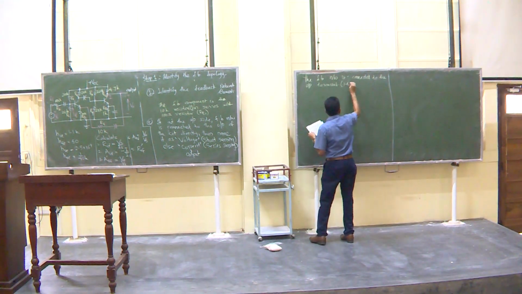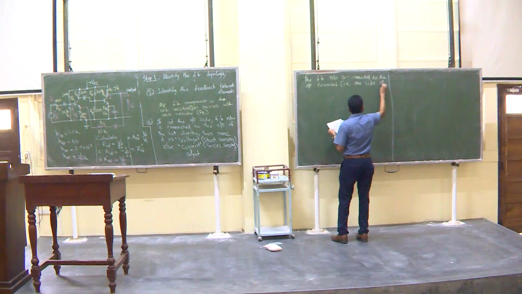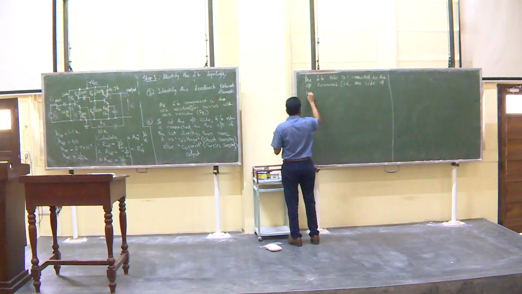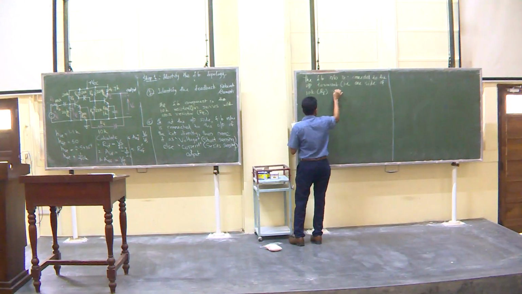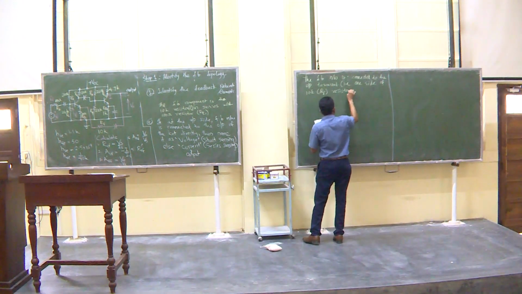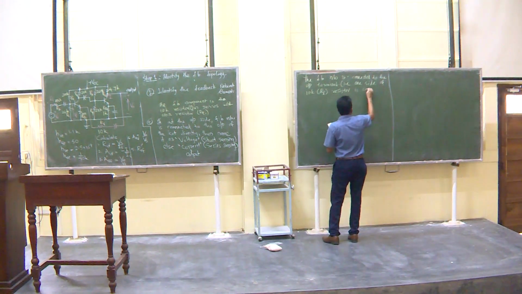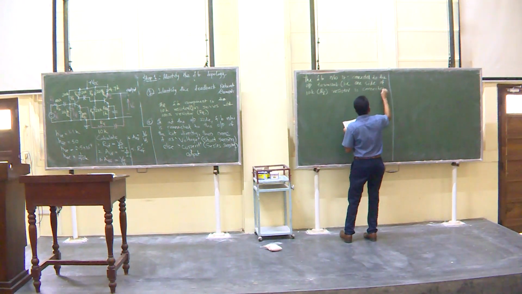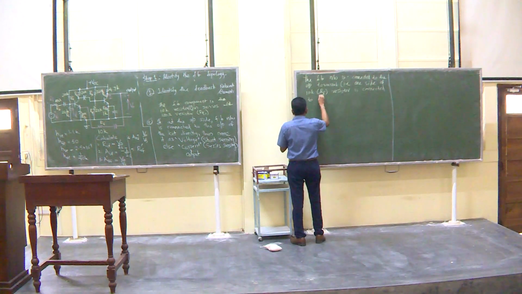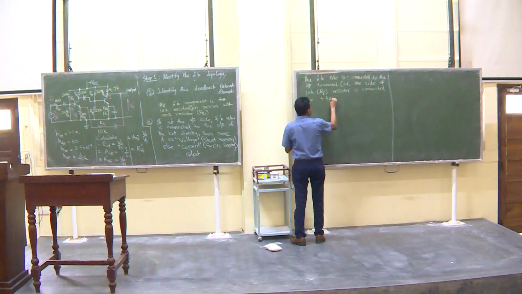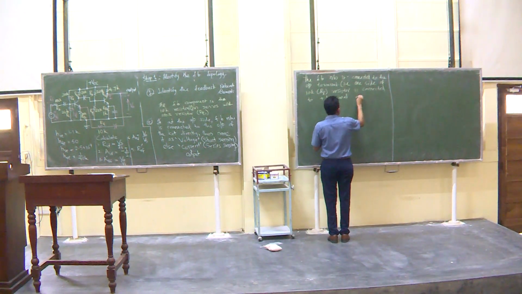In other words, one side of the 10K resistor, RF resistor, is connected to the positive terminal of V out.